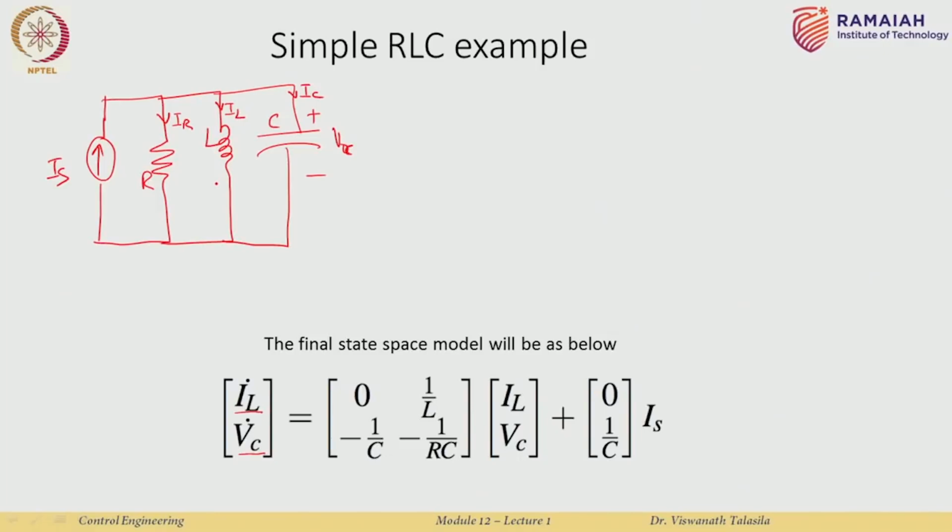Okay. So, how are we going to write the equations for this one? First, we are going to focus on Vc and then on IL. If you look at the current through the inductor, we know that the voltage drop across the inductor is given by the constitutive relationship, which is L dIL by dt equals V. Specifically, I can write V as Vc itself, because the voltage drop across the capacitor is the same as the voltage drop across the inductor, which is in parallel with the capacitor.